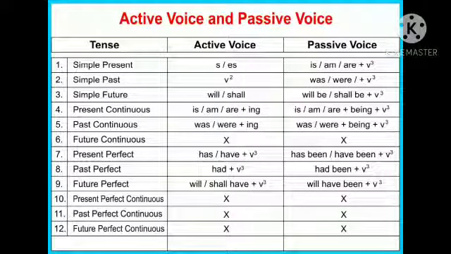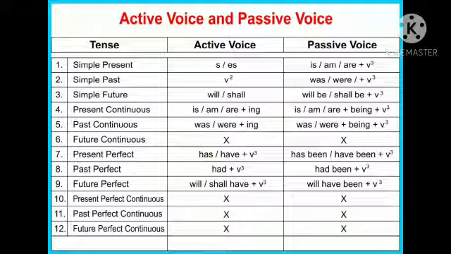Now, this is a chart which shows that according to the tenses, when we need to change the active voice sentence to passive voice, what are the helping verbs that we need to use.